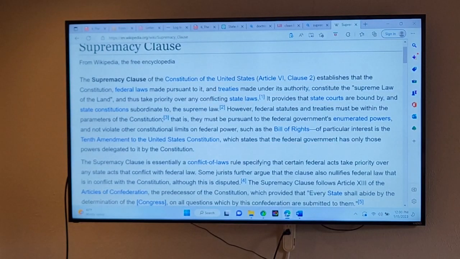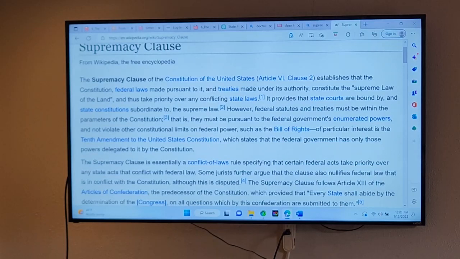Supremacy Clause. The Supremacy Clause of the Constitution of the United States, Article 6, Clause 2, establishes that the Constitution, federal laws made pursuant to it, and treaties made under its authority constitute the supreme law of the land, and thus take priority over any conflicting state laws.